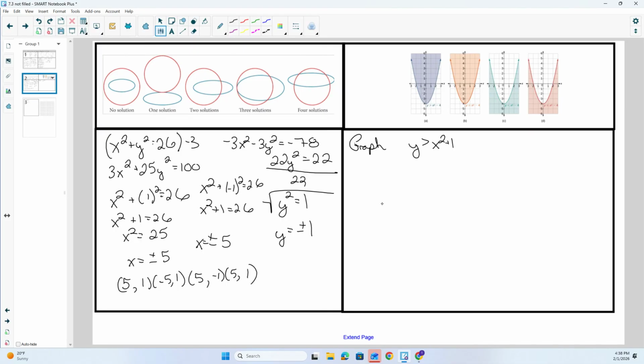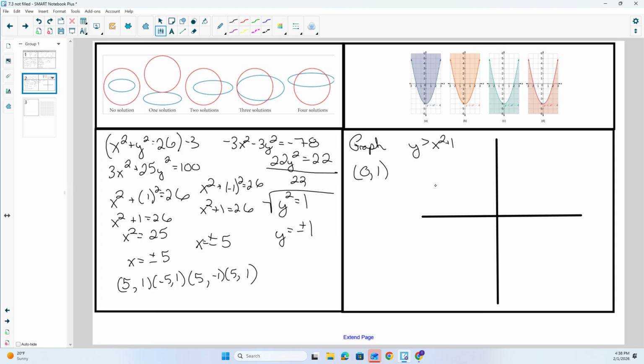Alright, now we're going to graph this. So y equals x squared plus 1. This is not the greatest graph that we could do, but our vertex in this case is 0, 1.